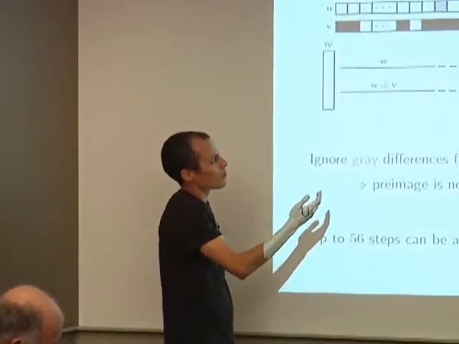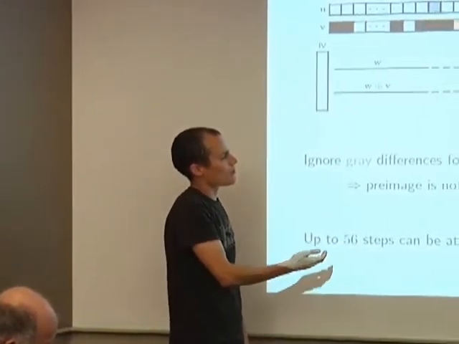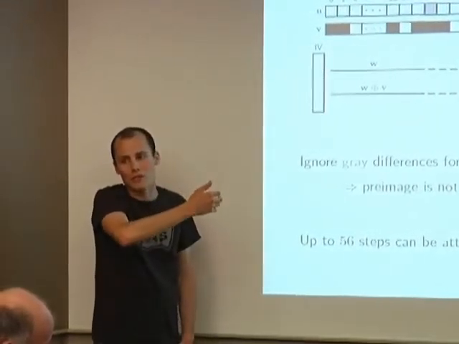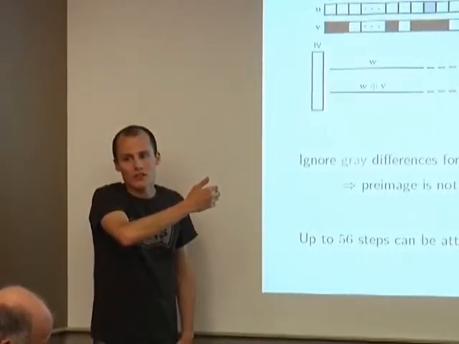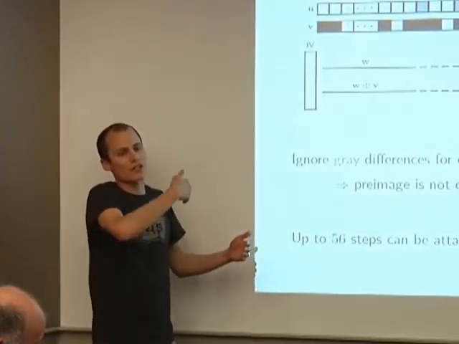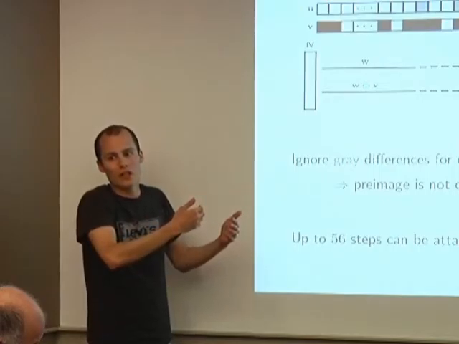So we have this probabilistic behavior here. In particular, this introduces some probability that we do not detect an actual preimage. So we lose some preimages in our testing process, and this increases the complexity of our attacks. So we must test more preimages.